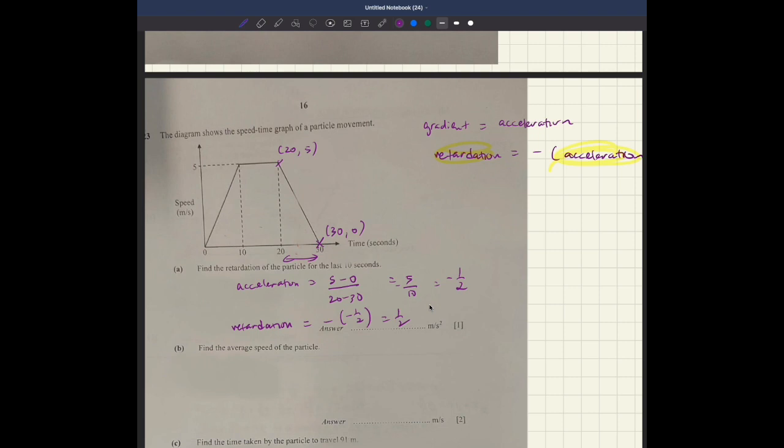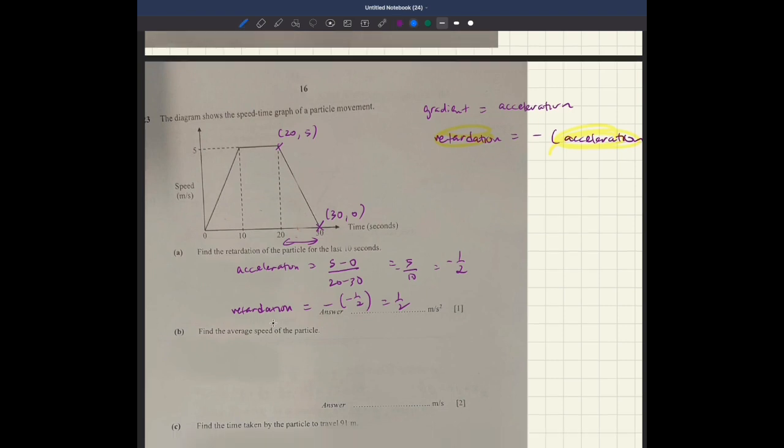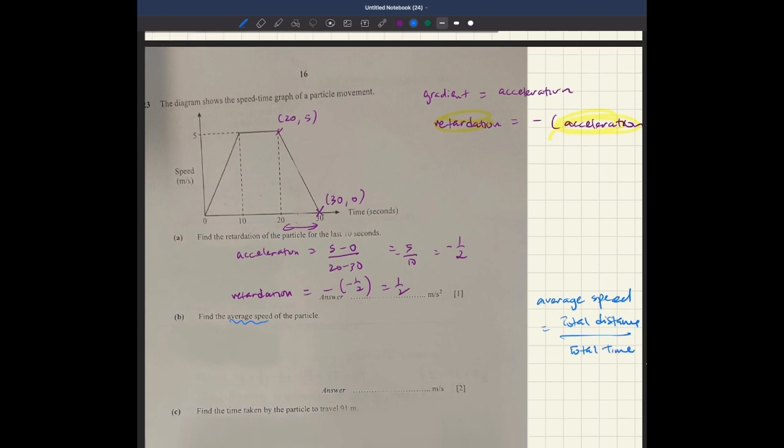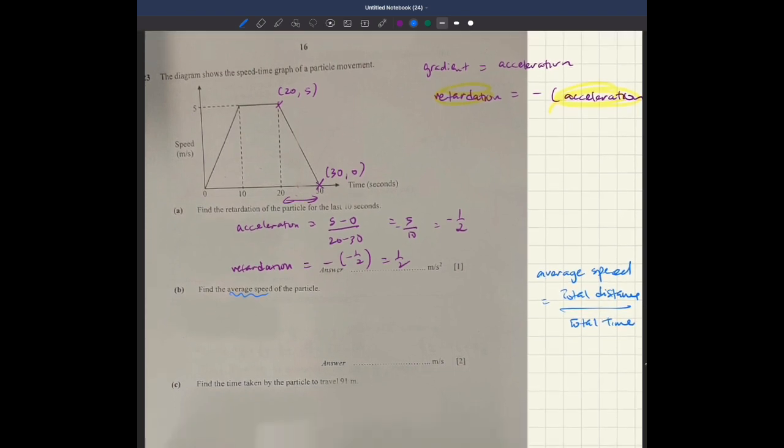That's part 1. And part 2, we have this concept of average speed. Average speed equals total distance divided by total time. Which means you have to find the distance traveled by the particle.